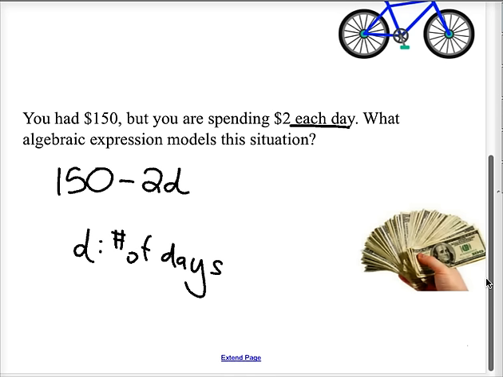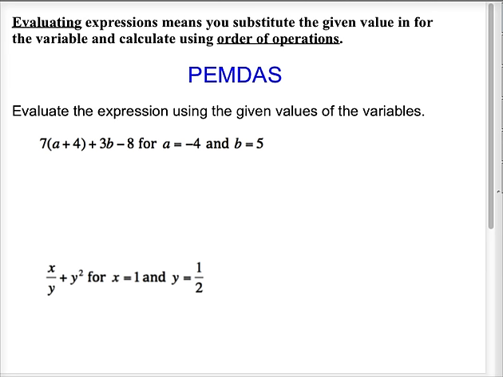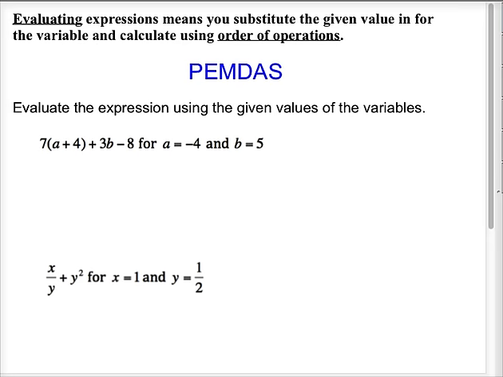All right, so once we understand this concept of how to create expressions, then comes the idea of evaluating expressions. Now, to evaluate these expressions, it means you substitute the given value in for the variable and calculate using the order of operations. You start learning PEMDAS.